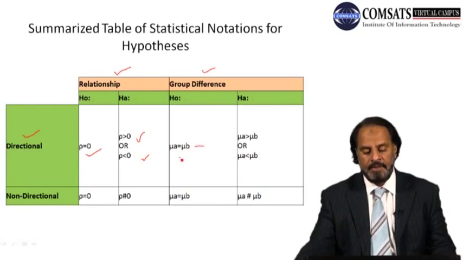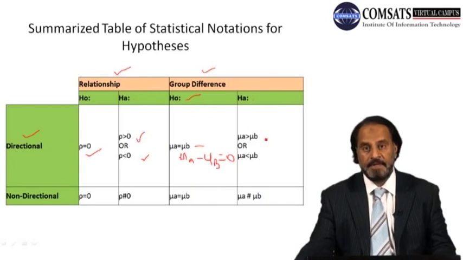That is, the mean of variable A minus the mean of variable B is equal to 0. This is what we use for our null hypothesis statement.